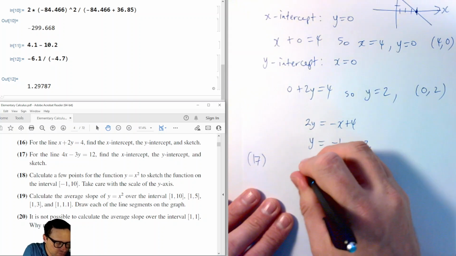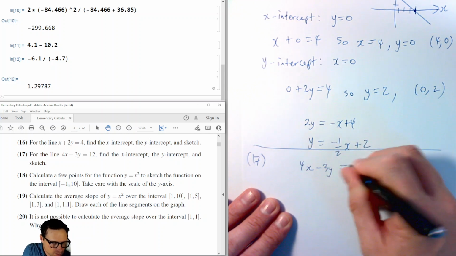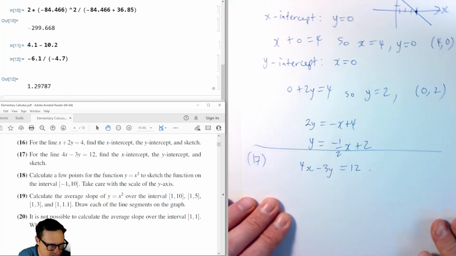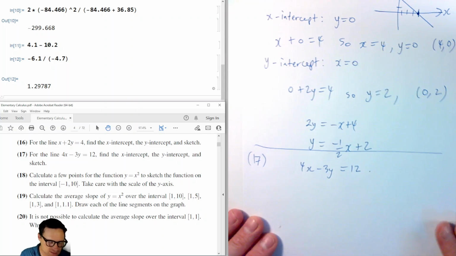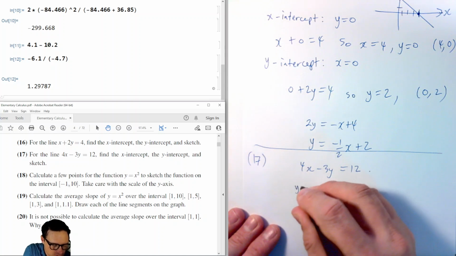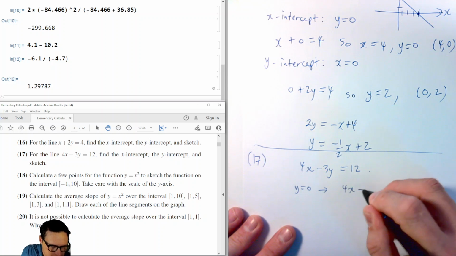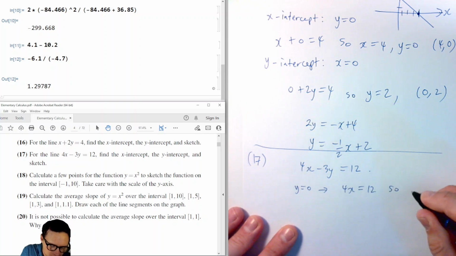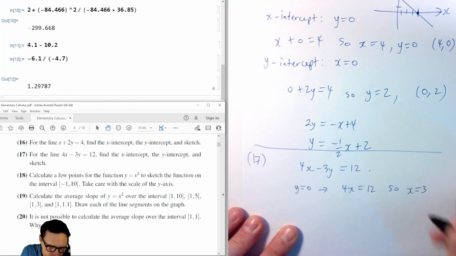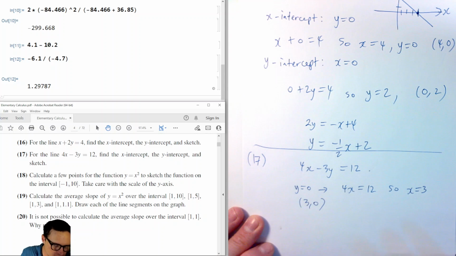For the line 4x minus 3y equals 12, find the x-intercept, the y-intercept, and sketch this. All right, so x-intercept, when y equals 0, what we have then is 4x is equal to 12, and so x is equal to 3. 12 over 4 is 3, and so we get a point (3, 0).